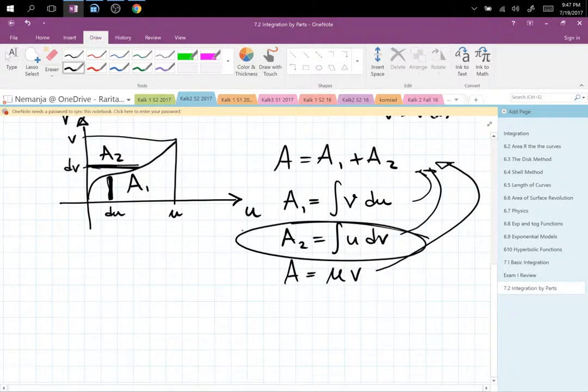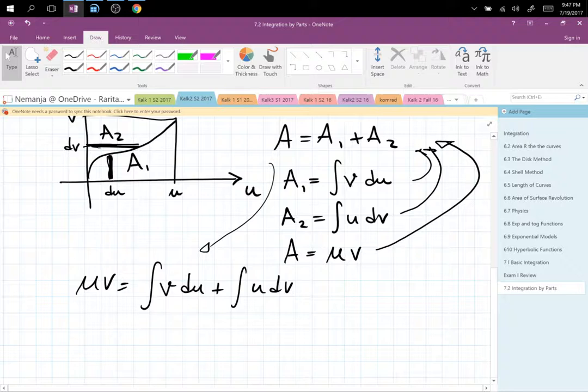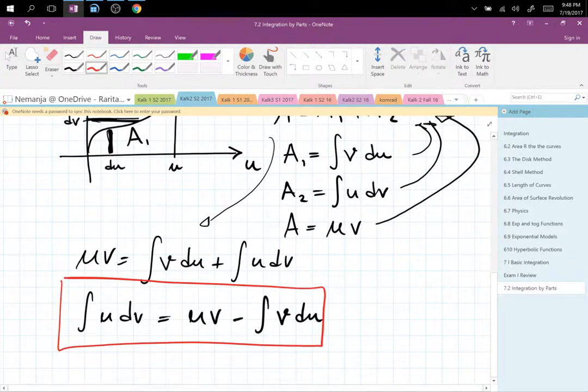So this is the A2, integral of u dv. So when you plug everything in, you will get that uv is equal to the integral of v du plus integral of u dv, and you solve for integral of u dv, you get uv minus integral of v du. Again, that's the formula we are after.